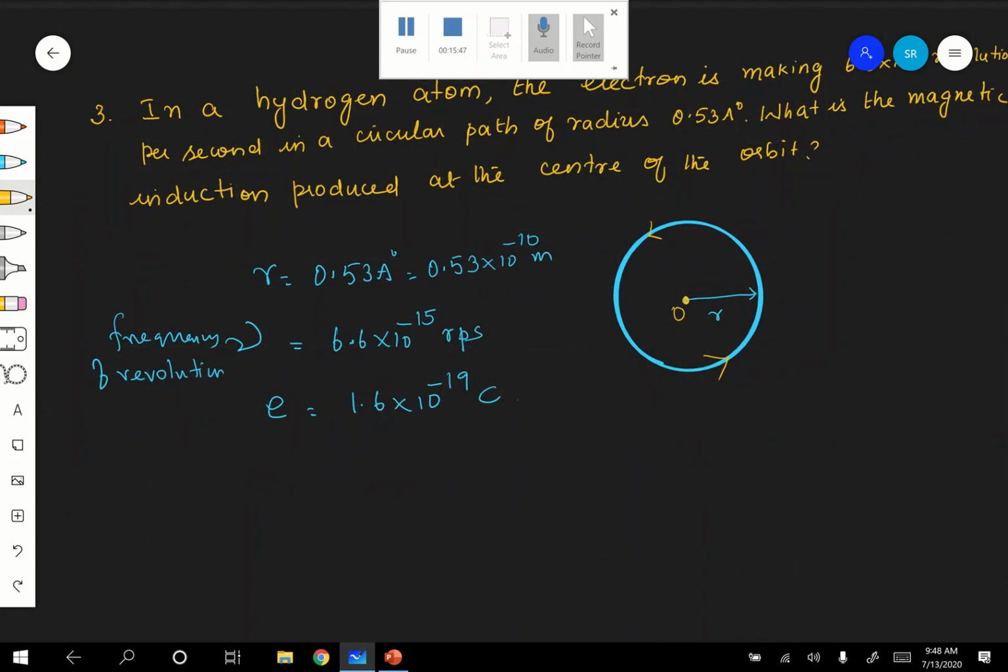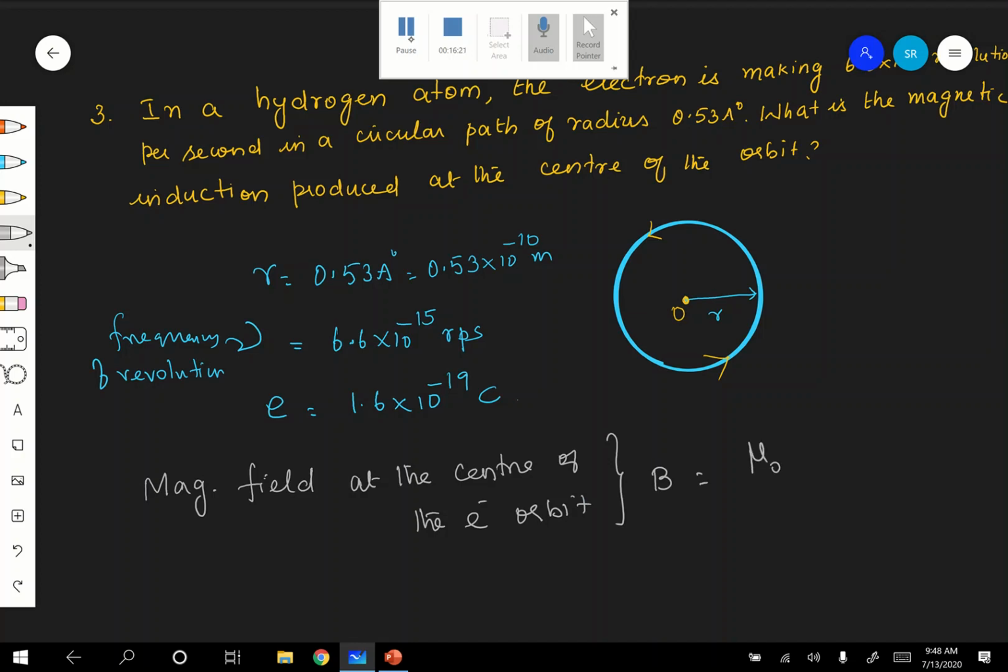Already we have derived it. Therefore, the magnetic field at the center of the electron orbit is given by B is equal to mu naught I by 2R.